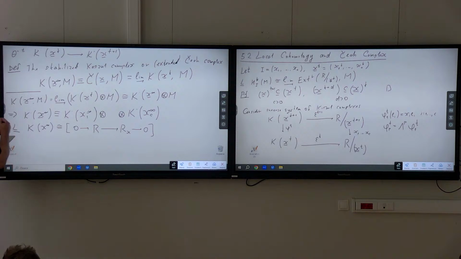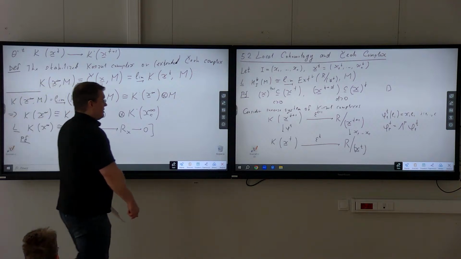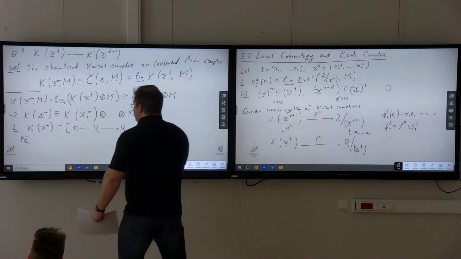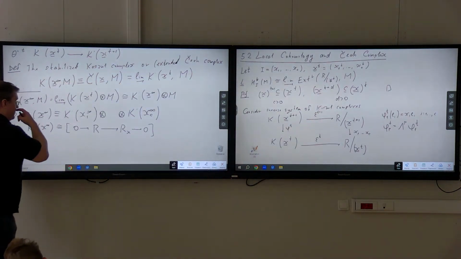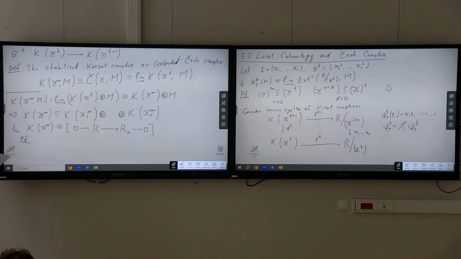And yeah, so now let's prove this. Maybe it is useful to look again at this inverse system, but in this very special case where we have just one element, and see explicitly what I have in mind.